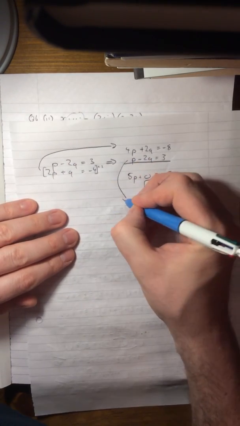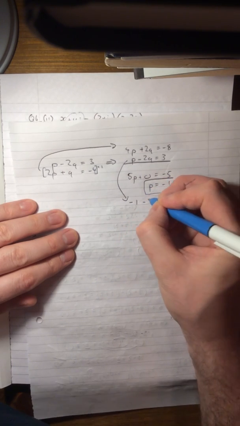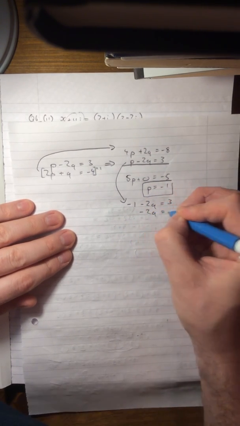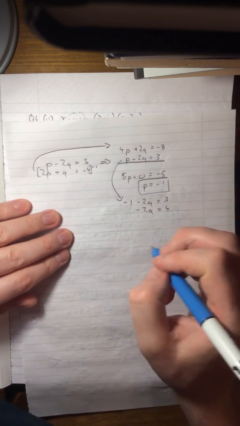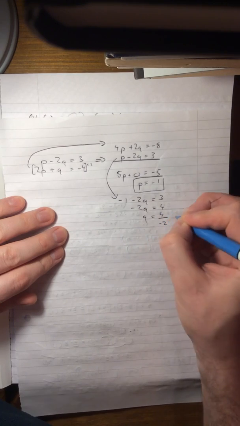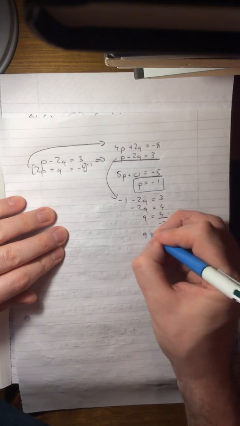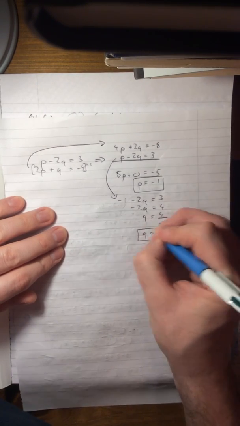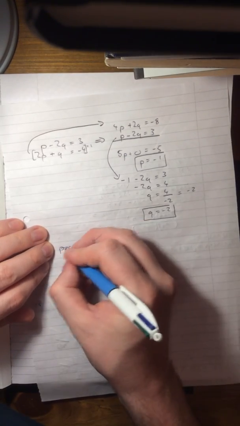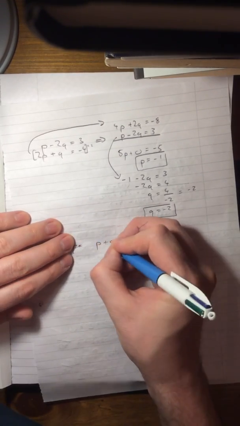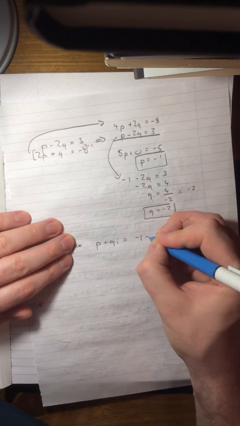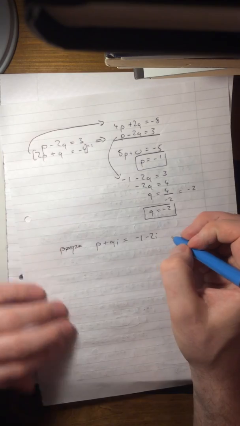This one here becomes minus 1 minus 2q equals 3. Minus 2q then equals 4 when I bring the minus 1 over. And q is 4 divided by minus 2, which is minus 2. Okay, so there's my answer. P plus qi is going to be minus 1 minus 2i.